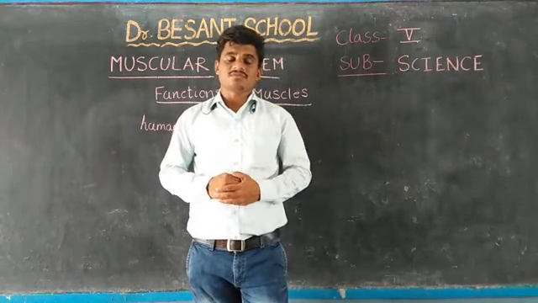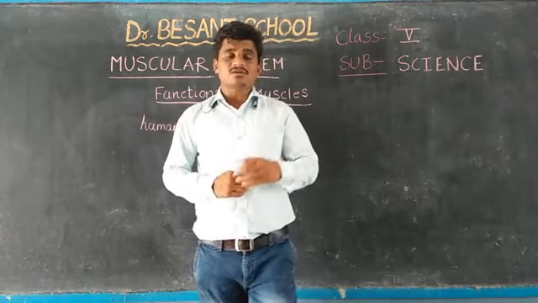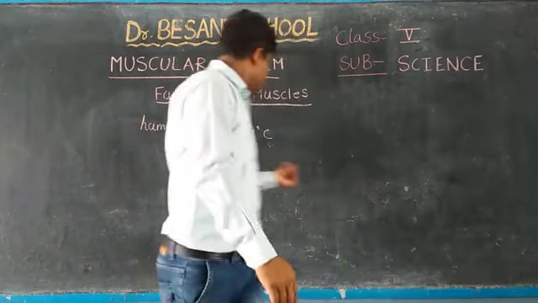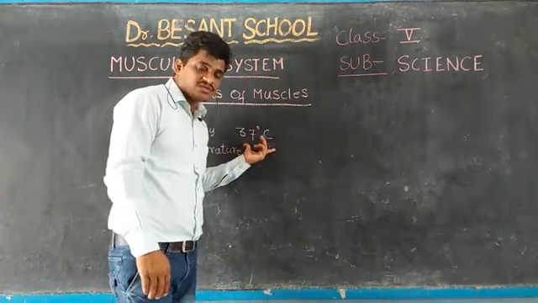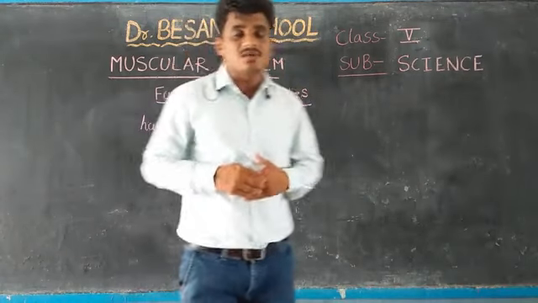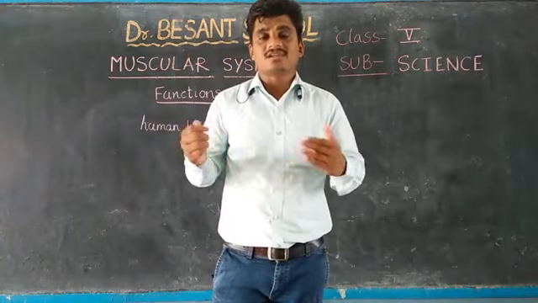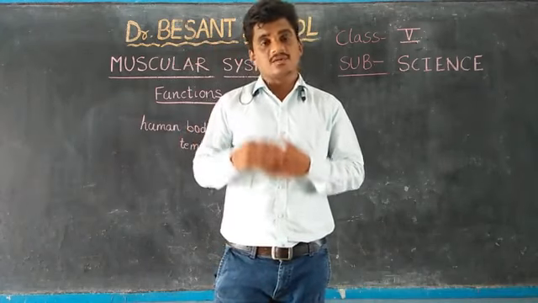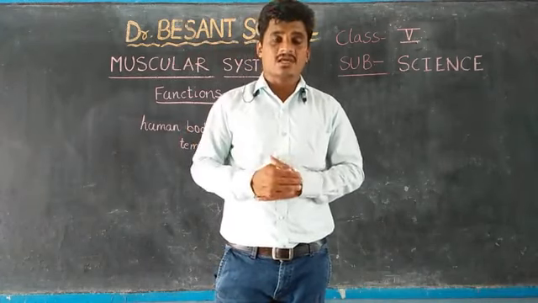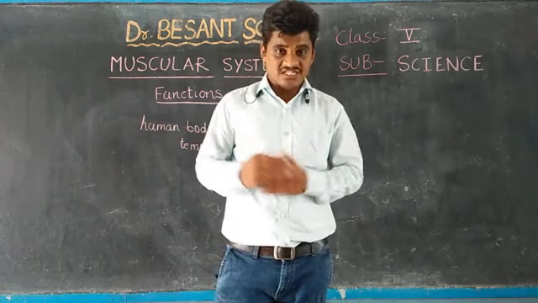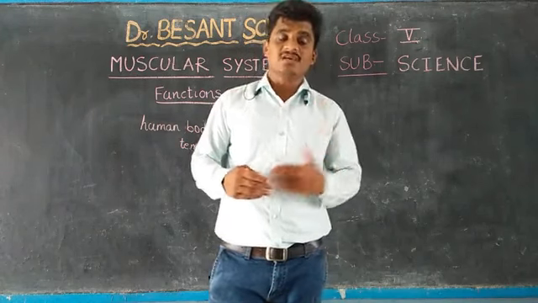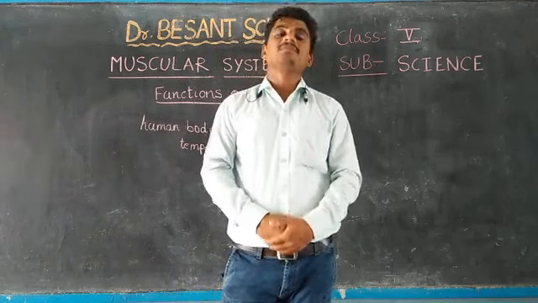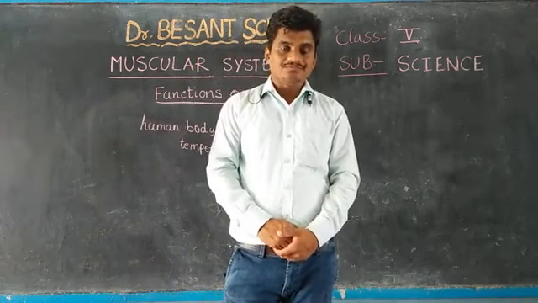In order to maintain that constant temperature of 37 degrees centigrade, the muscles present in the body vibrate rapidly and thereby produce heat energy. In this way, the muscles provide heat to the body.